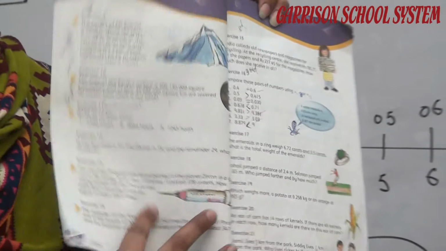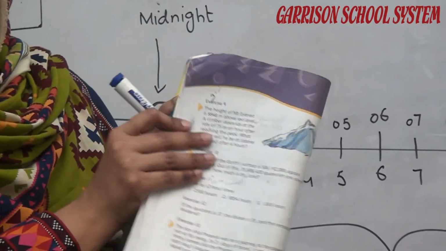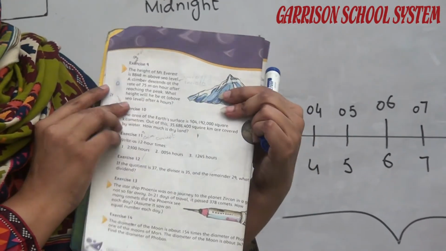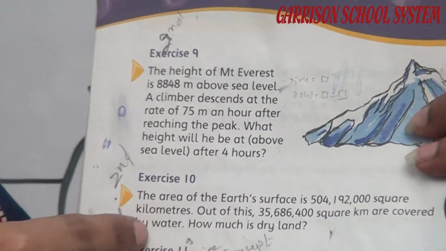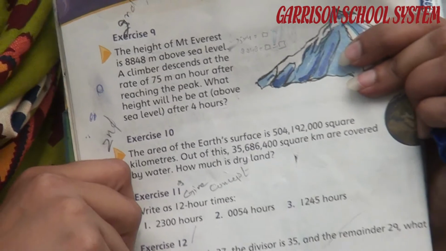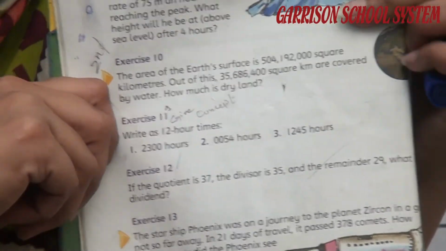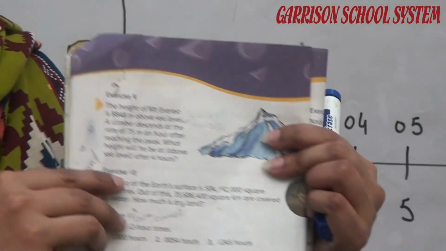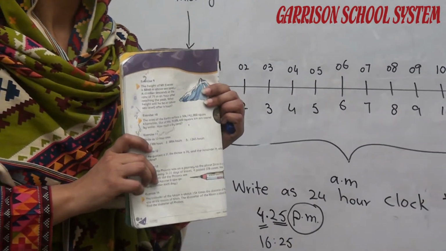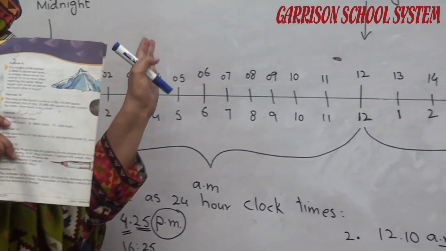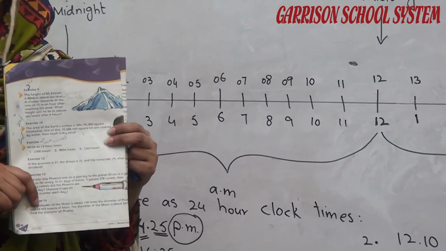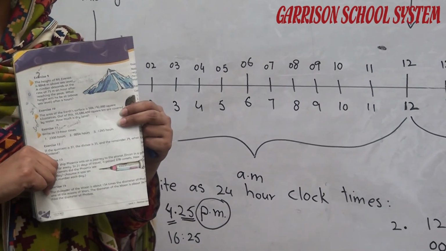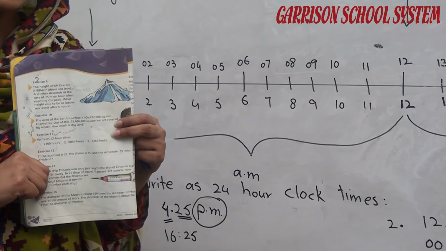Next exercise. Exercise number 9 and exercise number 10 are also very easy. Students, you will get the notes of all these exercises from 1 to 10 through WhatsApp, and you can do them by yourself easily with the help of your parents.